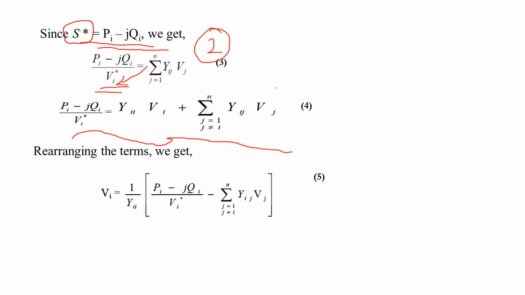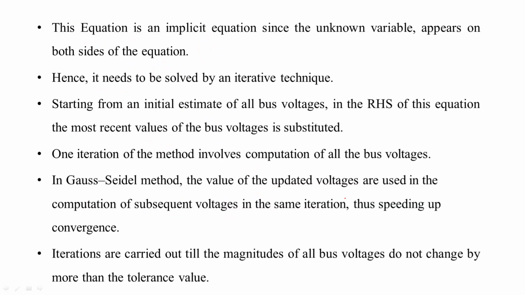By rearranging these terms, we find the voltage of the buses: V_i = 1/Y_ii times [(P_i - jQ_i)/V_i* - summation of Y_ij V_j]. This is equation 5 to calculate the voltages for PQ buses.